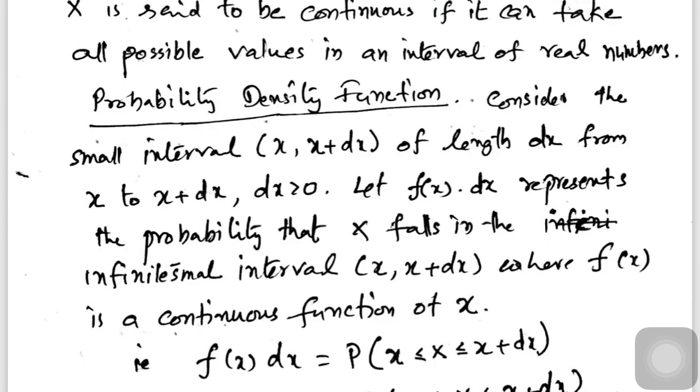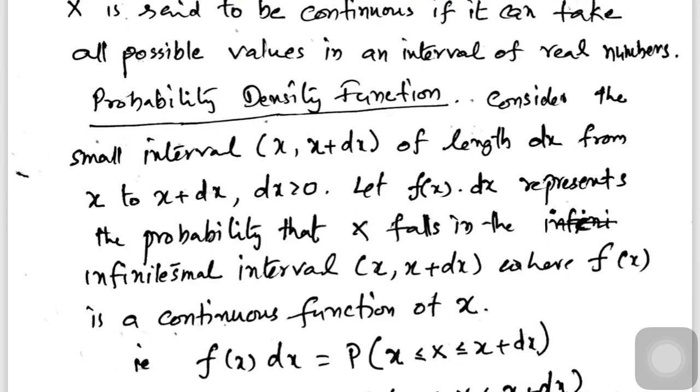And let f of x dx represent the probability that x falls in the small interval, or technically called the infinitesimal interval x to x plus dx, where f of x is a continuous function of x.